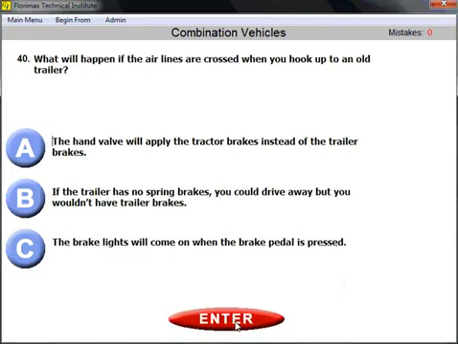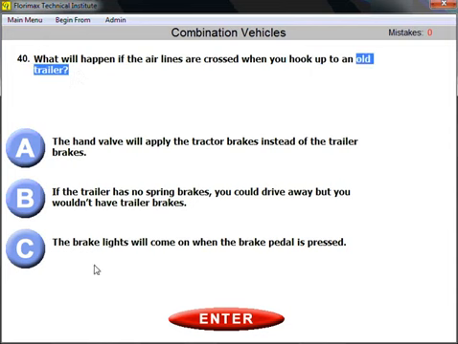Question number 40. What will happen if the airlines are crossed when you hook up to an old trailer? Again, old trailer. When you read old trailer, it should immediately come to your mind that an old trailer often doesn't have spring brakes.